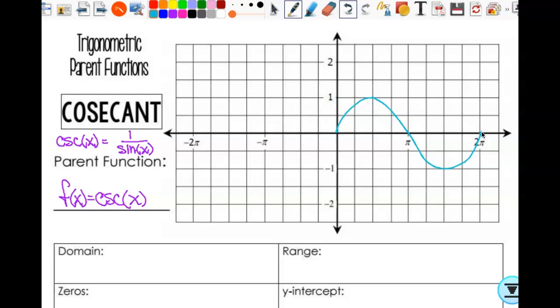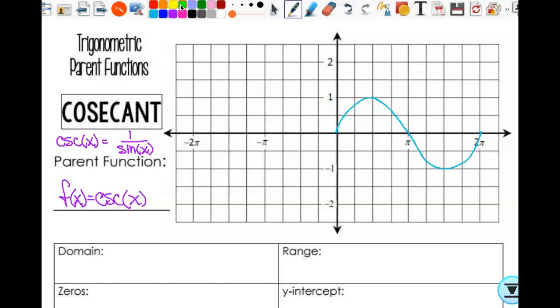Then we're going to use this to help us get the pieces we need for cosecant. So when sine is 0, cosecant is the reciprocal. What's the reciprocal of 0? Undefined. And how do we show undefined on these graphs? Asymptote. Good.